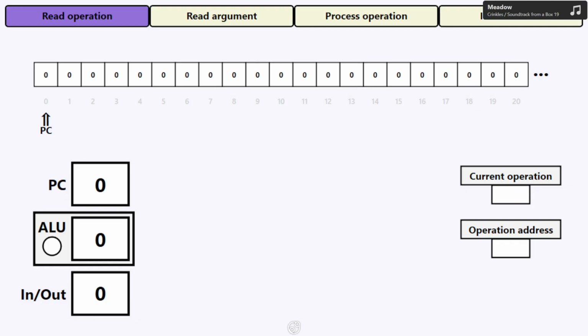Let's have a quick recap by loading in the very first program we looked at last time. Remember, we have the memory, the central thing around which everything revolves. And in here we have a couple of different numbers in individual memory cells, which are just numbers for now.